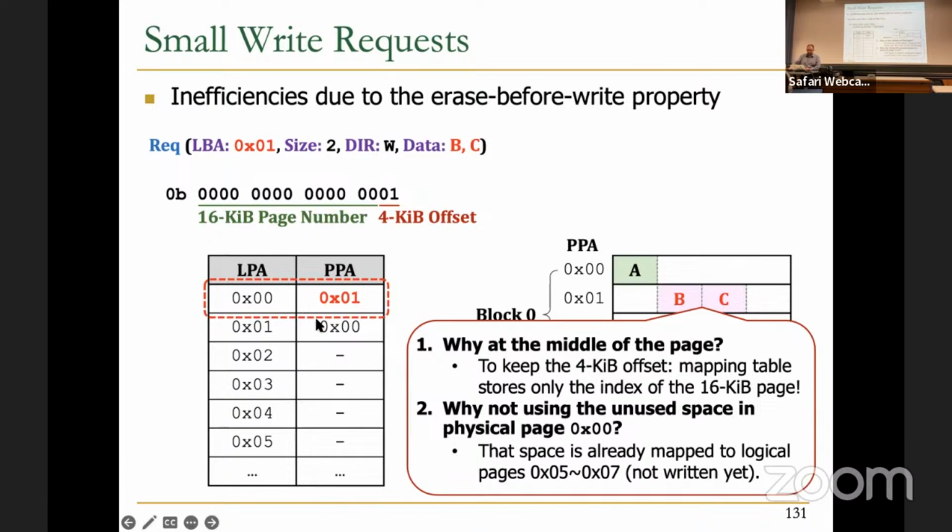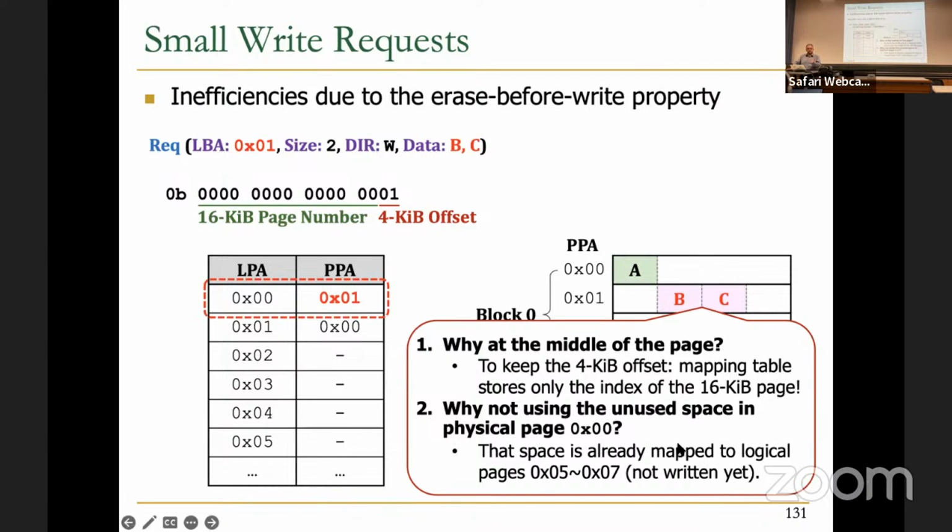Remember that we map logical block address 4 to this physical page address. So when you map 4, that means that you are also mapping 5, 6, and 7 to that physical page address, because you need to keep the whole offset, basically, the other 3 offsets also in that physical page address.